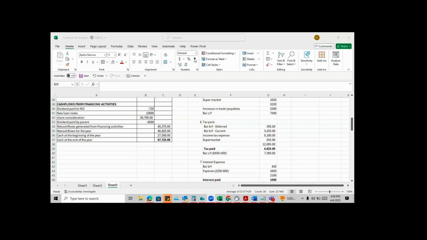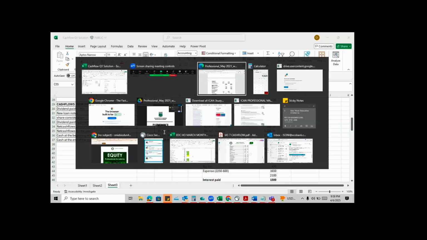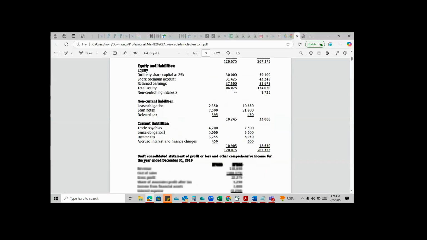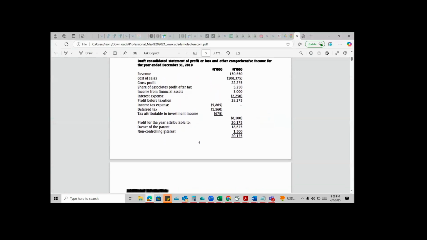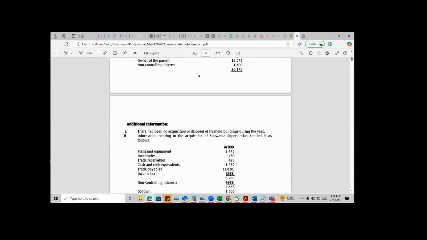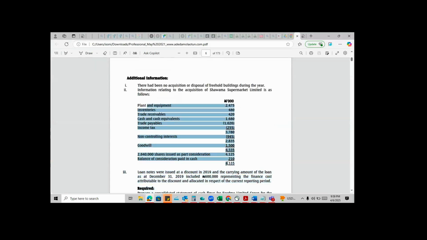Now, in the last class, I was trying to show us something with regards to movement. I went back to it and I came to the conclusion that the reason it would not have worked is because I did not consider this movement here for the group cash flow. For a single entity, it's so easy to see those movements and analyze it.